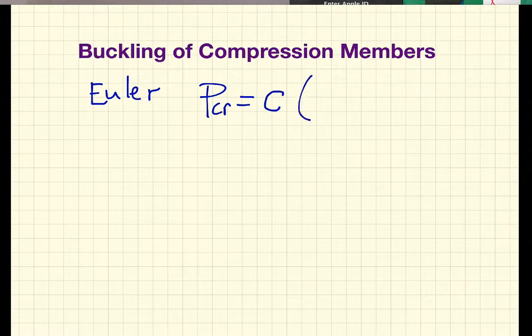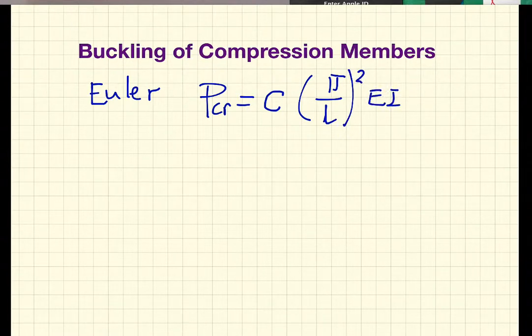It's called the Euler formula. The Euler formula is given by the critical load is equal to a constant C times pi over the length of the column squared times EI.